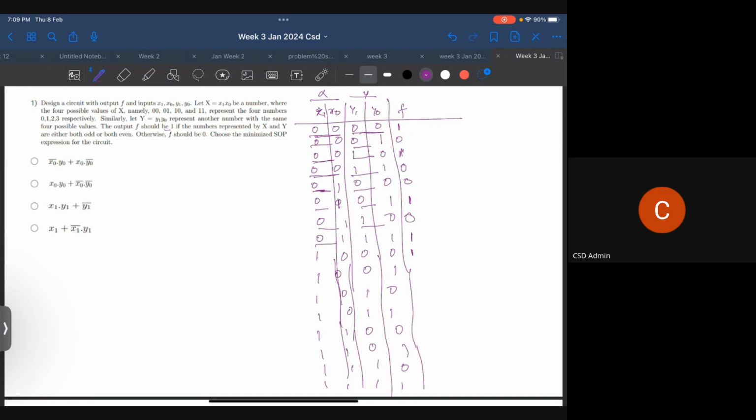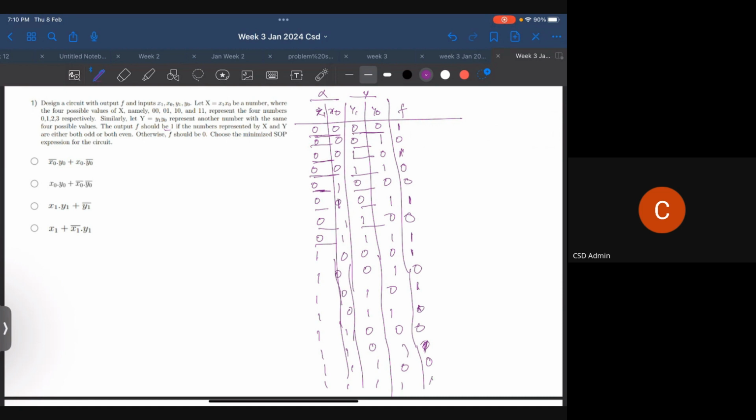This is even, this is odd, so this will be 0. This is even and this is even, so this will be 1. This is even, but this is odd, so it will be 0. This is odd, this is even, 0. This is odd and this is odd, so this will be 1.